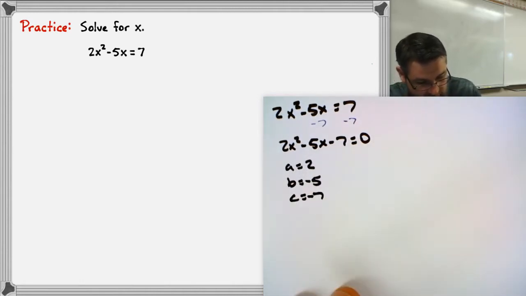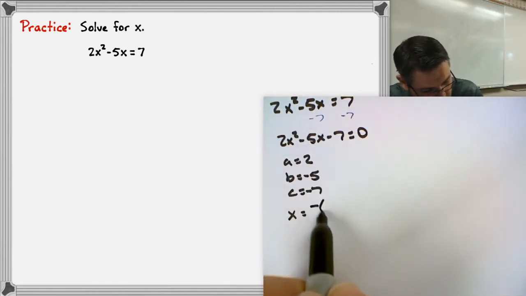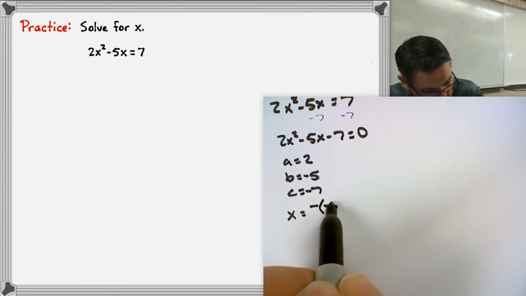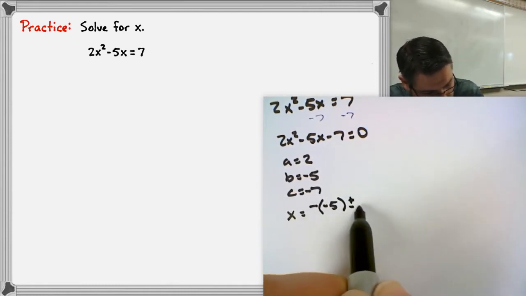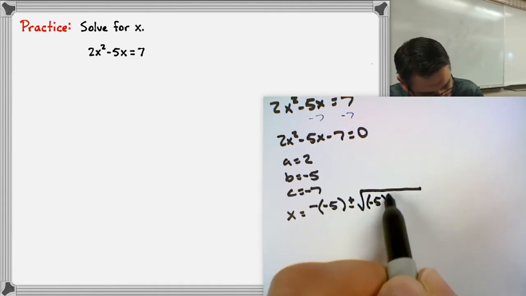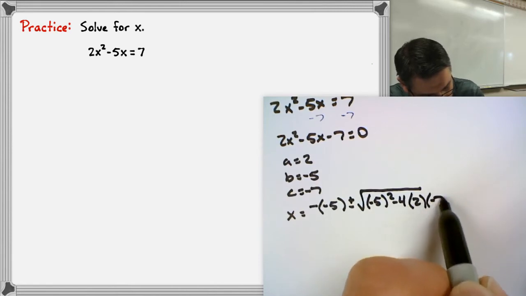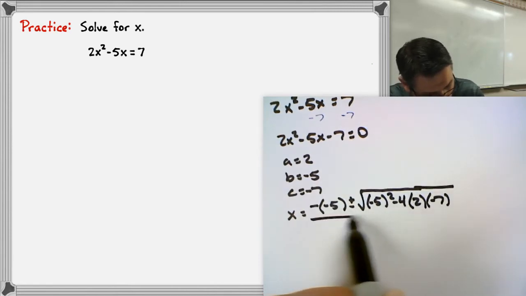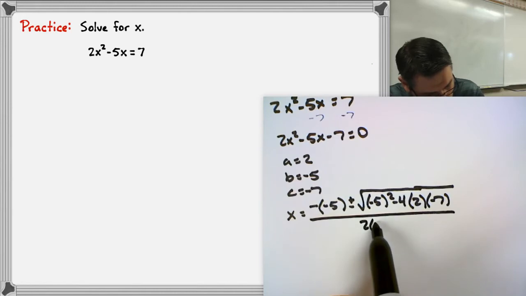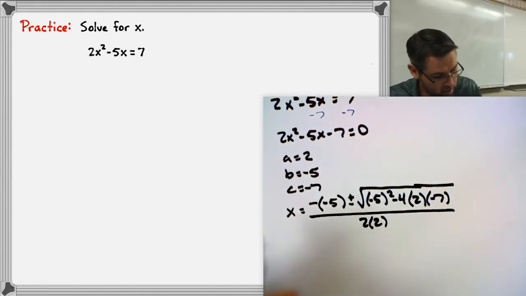And then we would plug that into our quadratic formula. So remember, our quadratic formula is x equals negative b, so negative parentheses, negative 5, plus or minus the square root of b squared, so negative 5 squared, minus 4 times 2 times negative 7, all over 2a, so 2 times 2. So you should have been able to substitute that in correctly there.